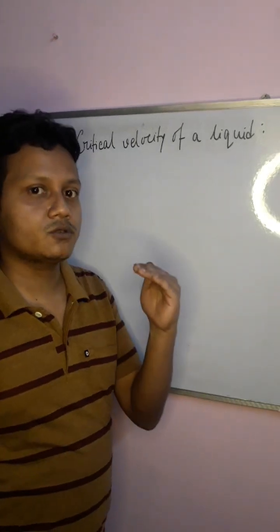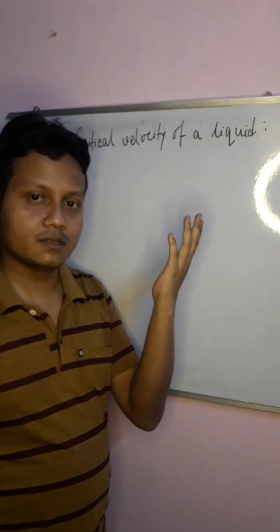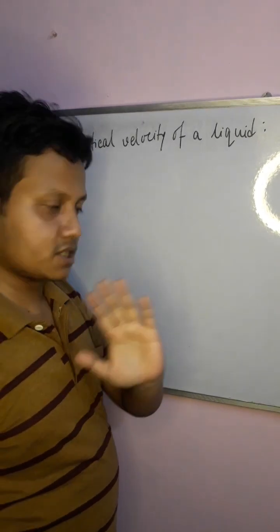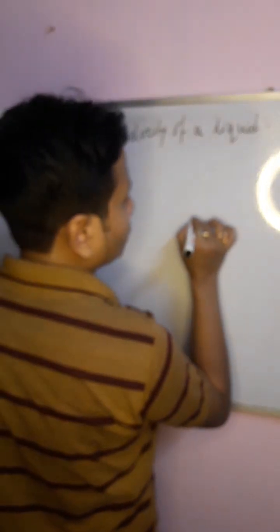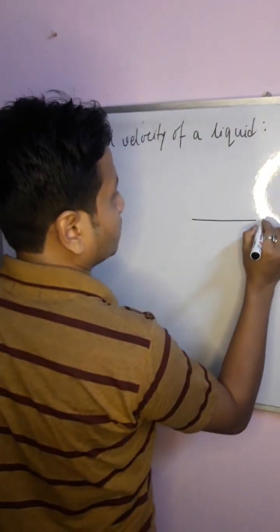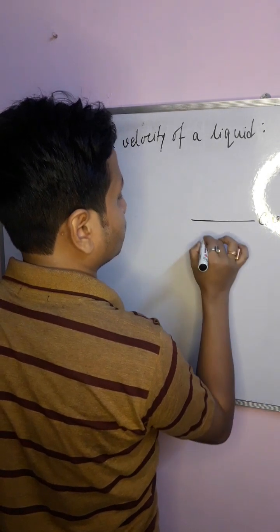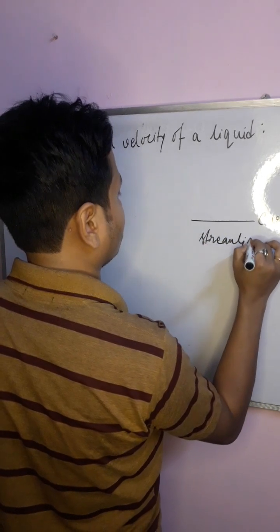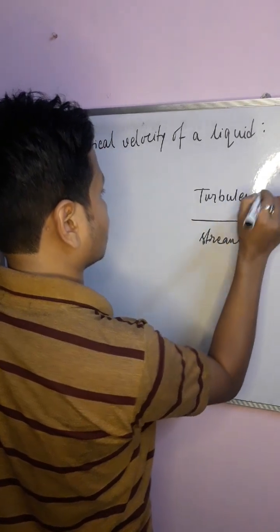It is the velocity up to which the motion is streamlined, and beyond this the motion is no longer streamlined but becomes turbulent. So if this is the critical velocity, then up to this the motion is streamline, and beyond this the motion becomes turbulent.